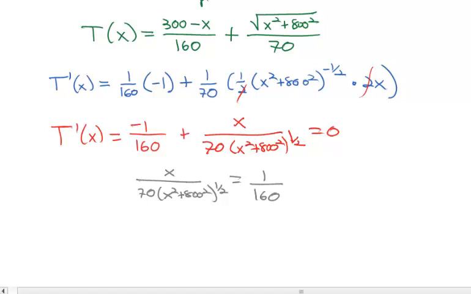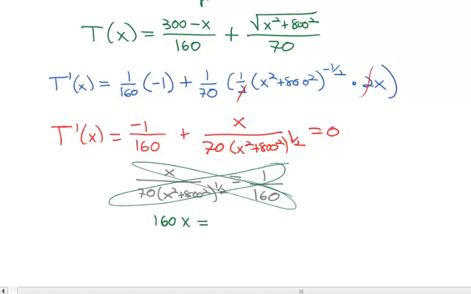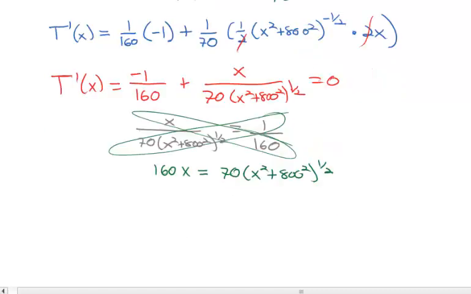Let's cross multiply everything. Get rid of all the fractions. So we've got 160x equals 70 times x squared plus 800 squared to the 1/2. Something I notice here to make life easier for us is both sides have a factor of 10. So I'm going to divide both by 10 just to make the numbers easier to work with.